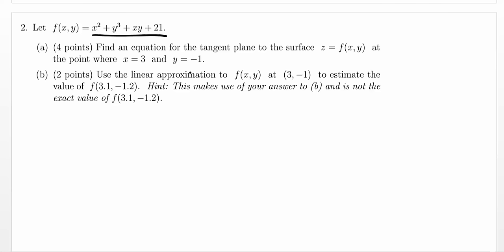Remember that the tangent plane is the same as what's used for a linear approximation, so we'll write it as such.